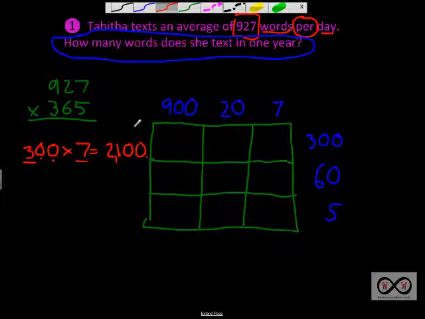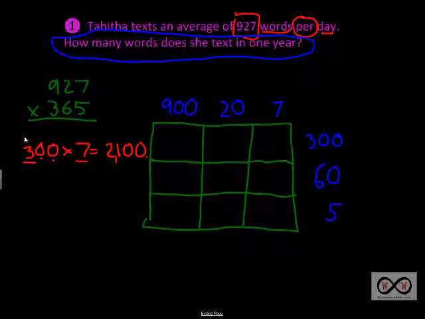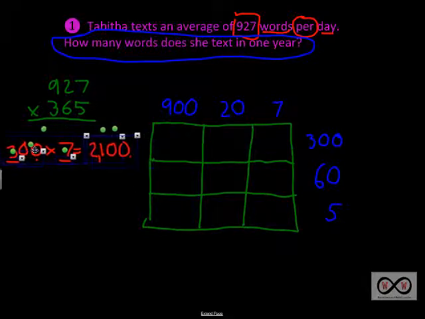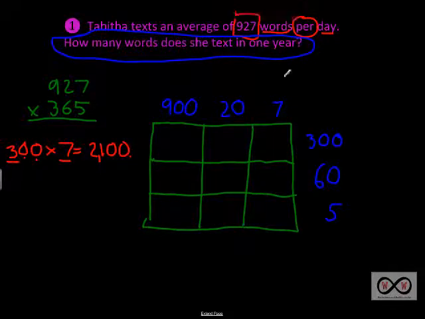We've got 2,100. Now, I'm going to take a minute and move this over a little bit. Back that up. There we go. Move this over just a touch. Okay. Then we're going to take this product and enter it right into our grid. So that would be 2,100.